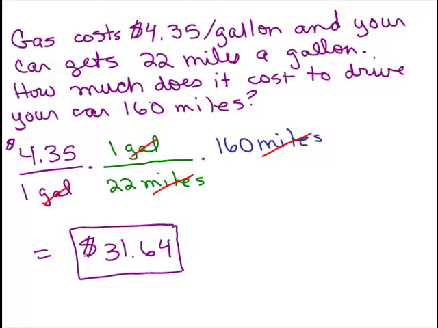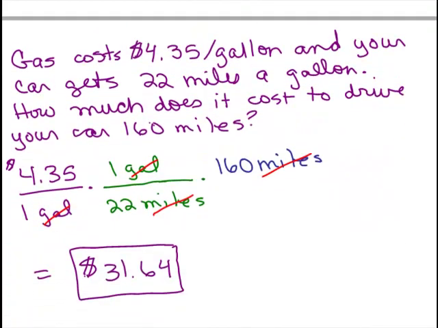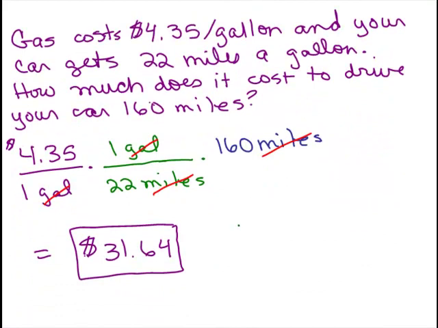Now let's see how that meshed when we rounded. When we rounded, we got 20, let's see, let's go back up. We got 20 cents a mile. So just note, 20 cents a mile for 160 miles, if you did that calculation, what would you get?